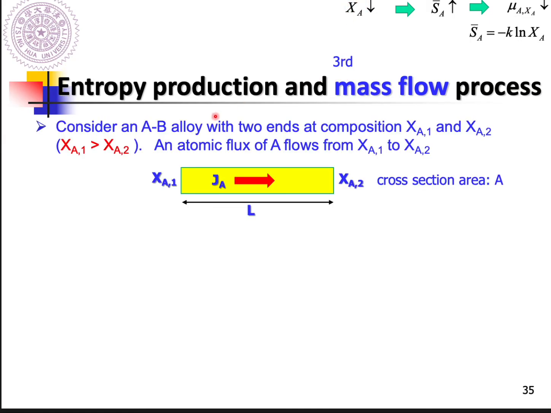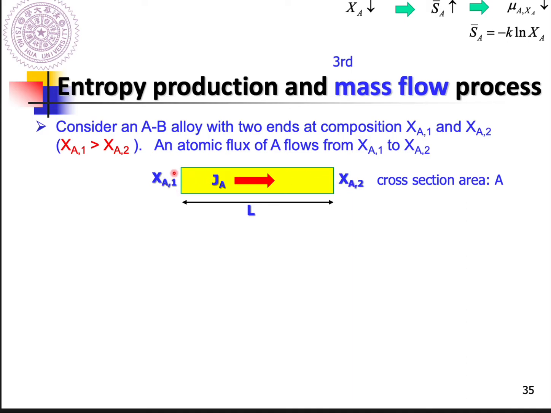So now we'll move to our third example, the entropy production in the mass flow process. As we mentioned, the mass flow process. The example here is an AB alloy, and the two ends have different compositions of atom A. At this location, Xa1 is higher than Xa2.